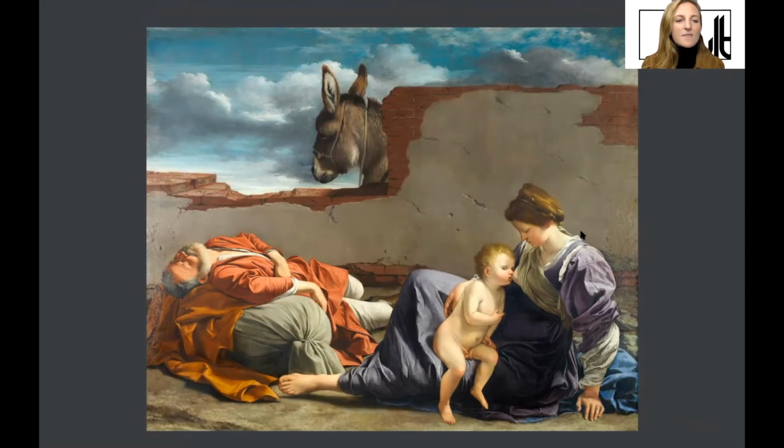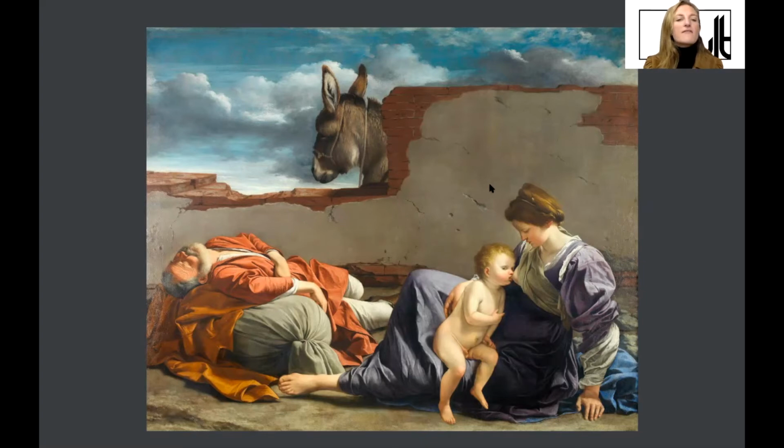I think this has been dubbed by a number of art historians and otherwise the sweetest animal in the history of art. And we can get up nice and close and have a look at the donkey in a moment. But we've got the donkey at the center.